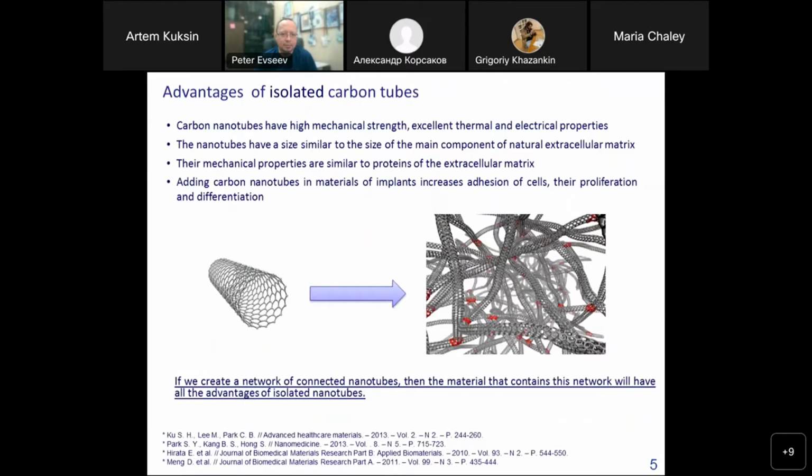Nanotubes have a size similar to the size of the main component of natural extracellular matrix. Their mechanical properties are similar to proteins of the extracellular matrix, and adding carbon nanotubes in materials of implants increases adhesion of cells, their proliferation and differentiation.